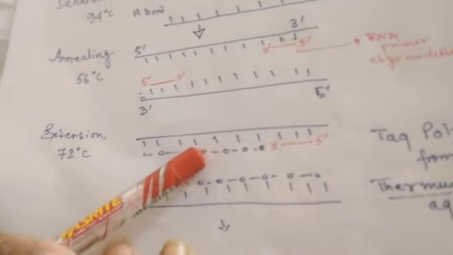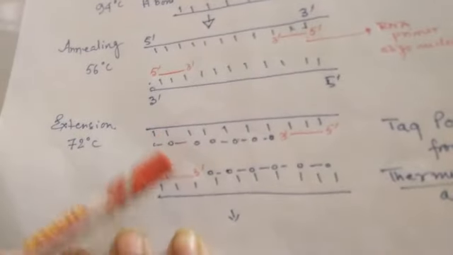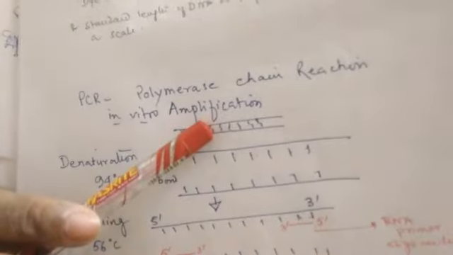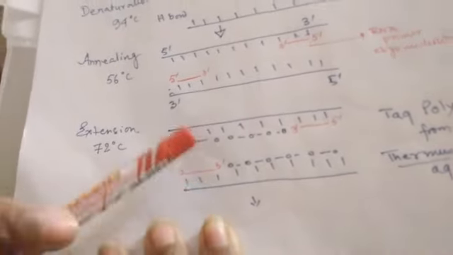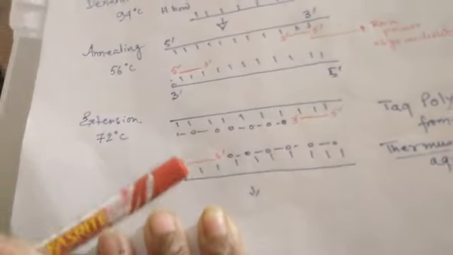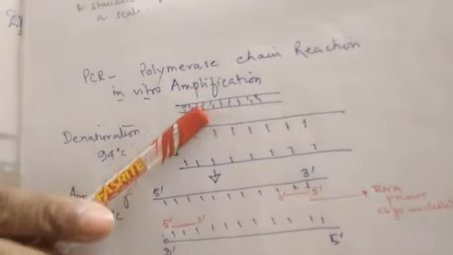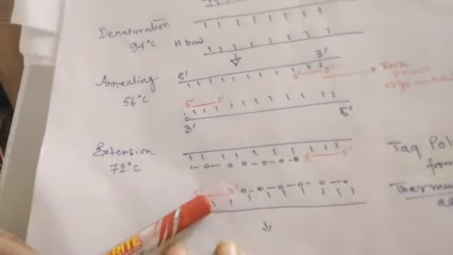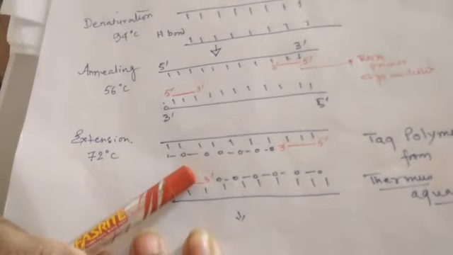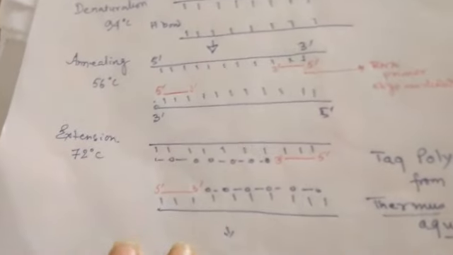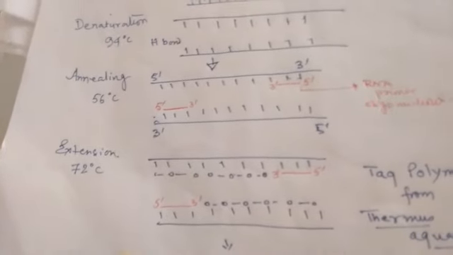Taq DNA polymerase causes extension of this strand, and now we have two double-stranded DNA from a single double-stranded DNA. Likewise, if we repeat this process, we get numerous double-stranded DNA from a single double-stranded DNA copy. This is called polymerase chain reaction, which is mainly meant for amplification of a given DNA segment.